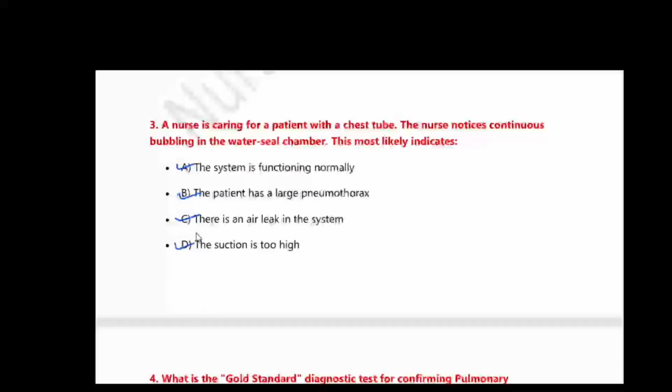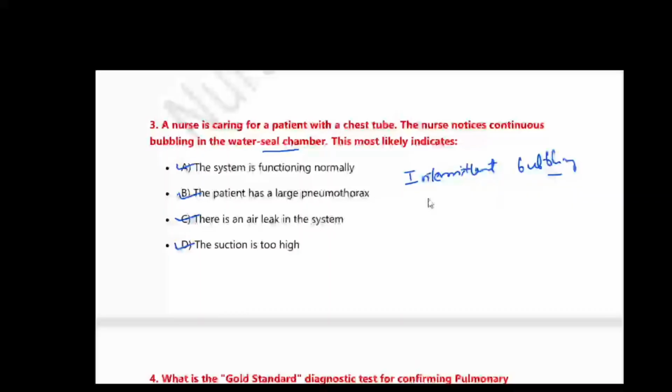See, intermittent bubbling is normal in patients with ICD. Intermittent bubbling in water seal chamber is somewhat normal or common in patients with ICD, intercostal drainage.